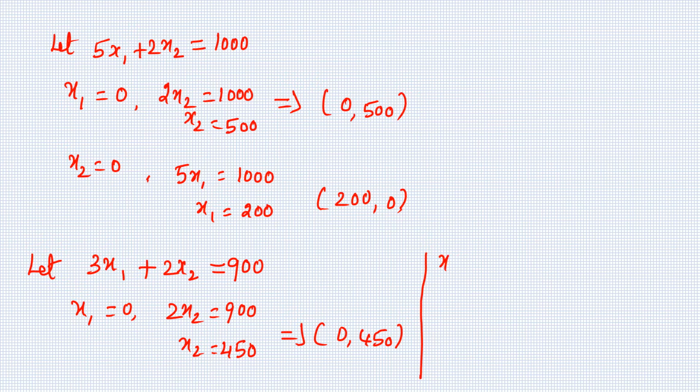Substituting x2 equal to 0 in the same equation, 3x1 is 900 and x1 is 300. Therefore, the coordinate is (300, 0). So this line intersects the axes at 450 and 300.